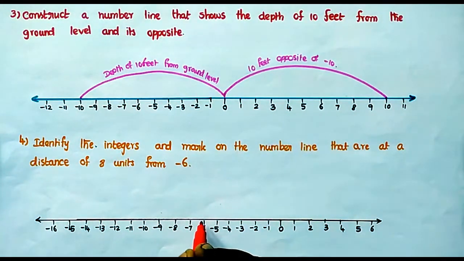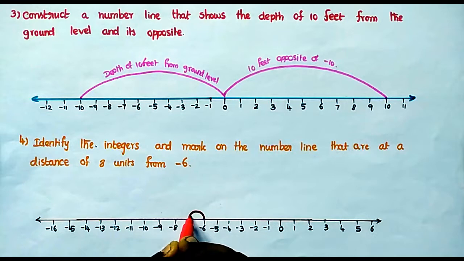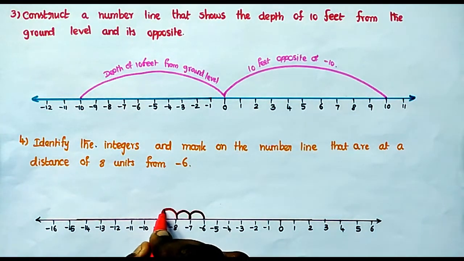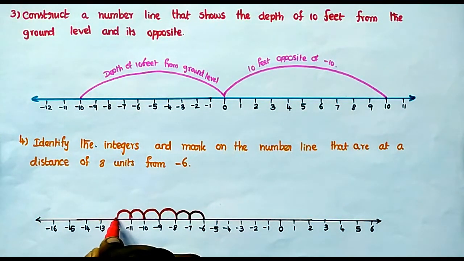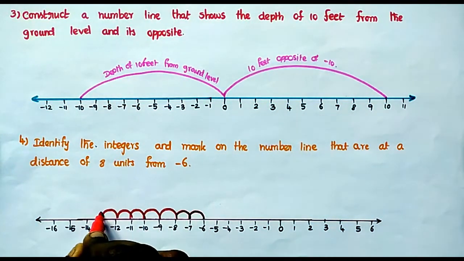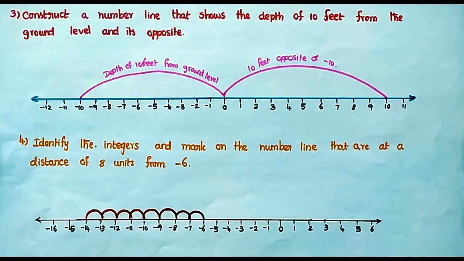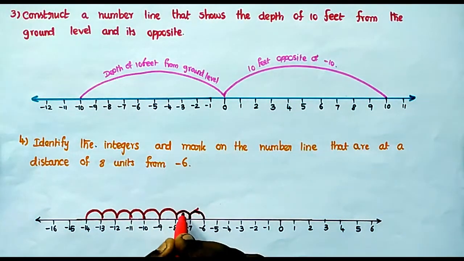So from -6, 8 units left first. 1, 2, 3, 4, 5, 6, 7, 8. That is left.